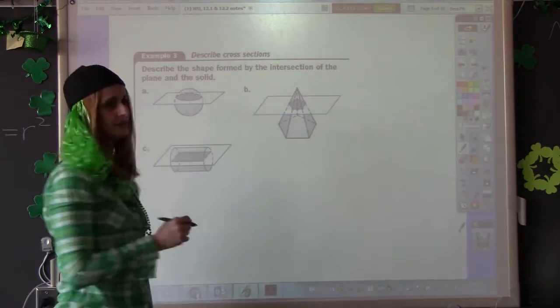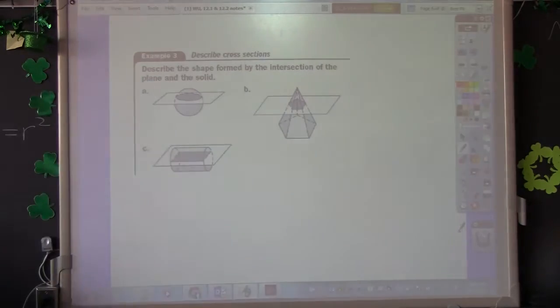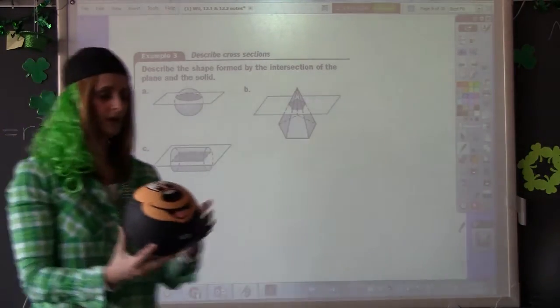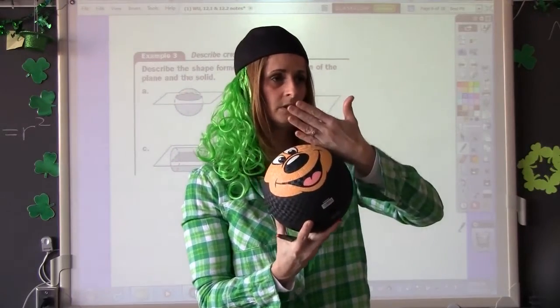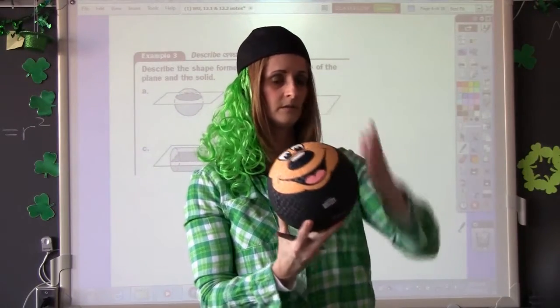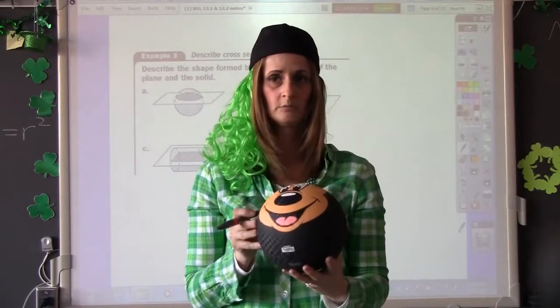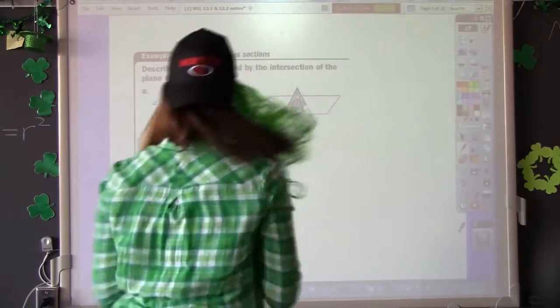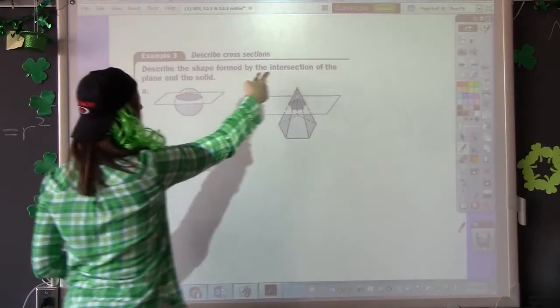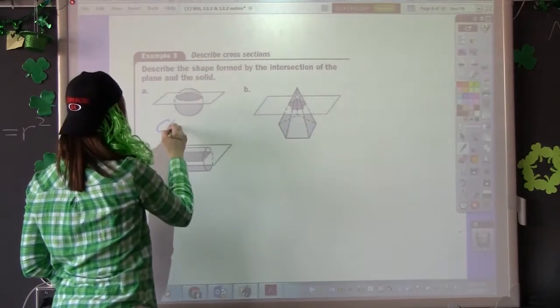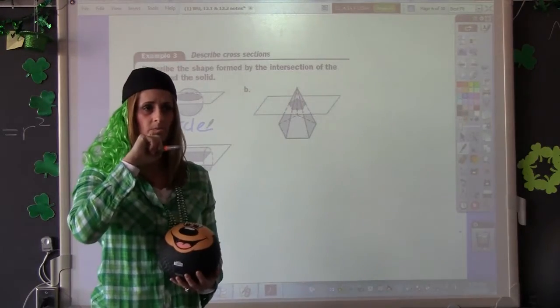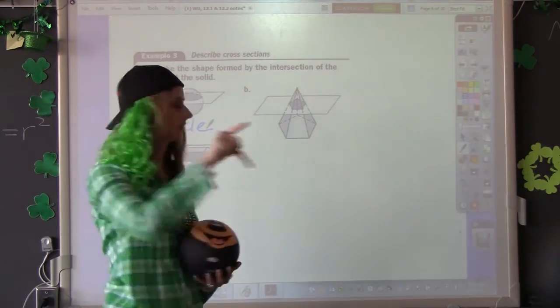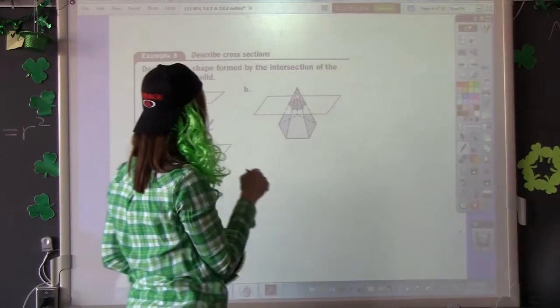But if it's a sphere and you cut it straight through, it's going to be a circle. Wherever you cut it, you get a circle. So, describe the shape formed by the intersection of the plane and the solid. Maybe I can bring something else from the workroom to show you that.